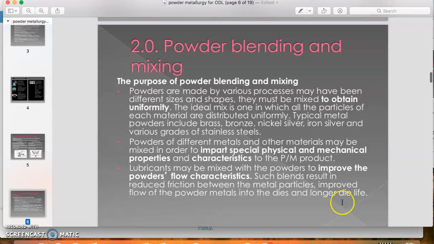And then the metal powder will go to the blending and mixing process, in which the metal powder is mixed with nickel, silver, iron, and various grades of stainless steel.